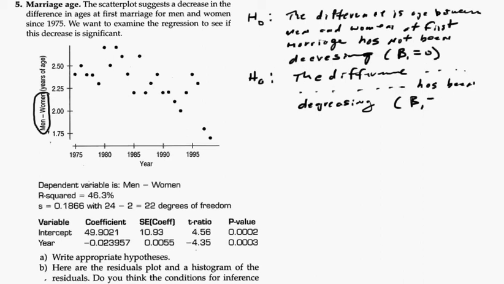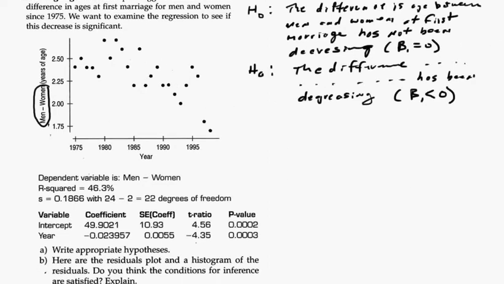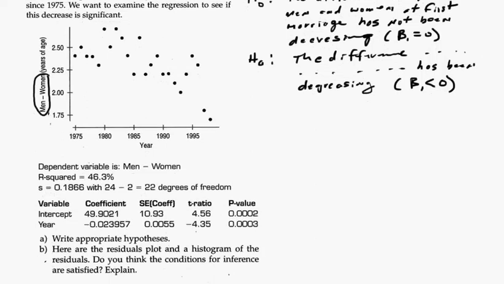We don't want to say not equal to, we want to say less than 0. So it's going down. That's what we're going to hypothesize, that it's going down. Which means females are starting to get married maybe at an older age, or males are starting to marry at a younger age. I don't know, but something explains the difference.